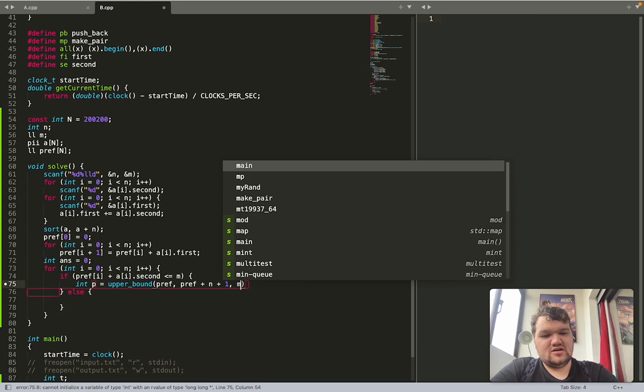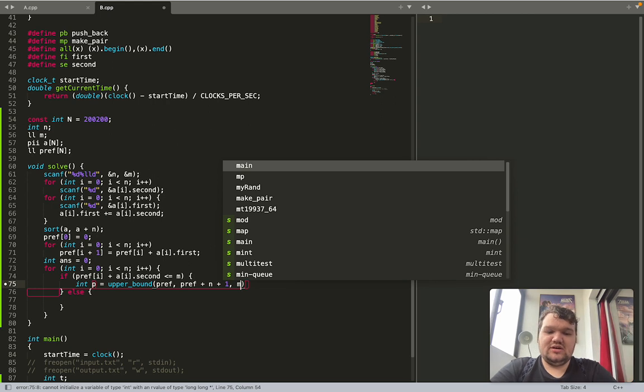It should be such a prefix sum that the sum on this prefix, considering that we shouldn't actually sum up the i-th item, we should add a_i for it, should be greater than m.